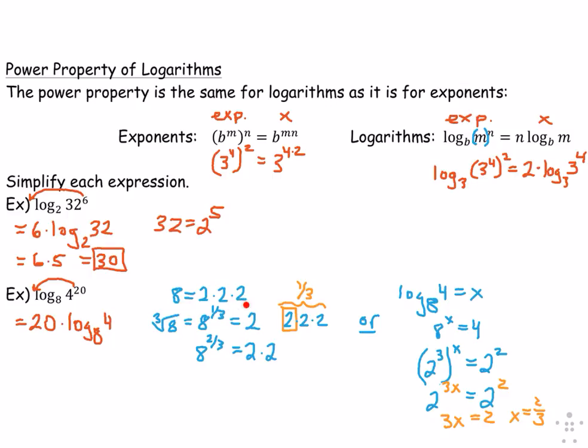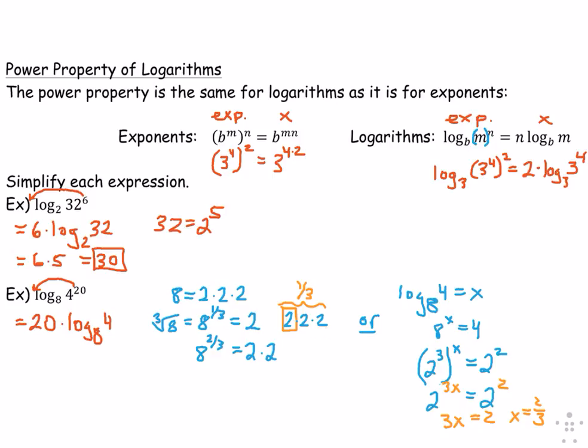8 is 2 cubed, 2 times 2 times 2. So if I want the third root of 8, which is the same as raising 8 to the 1/3 power, that's just 2, because that's 1/3 of the numbers that are identical in this factoring of 8.